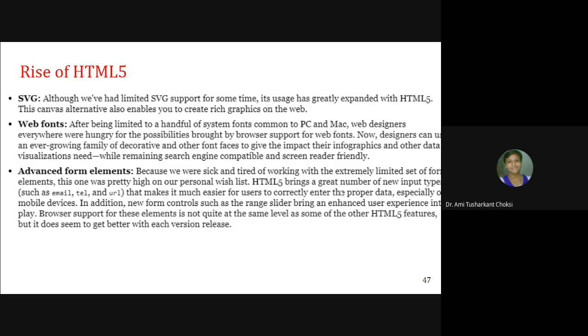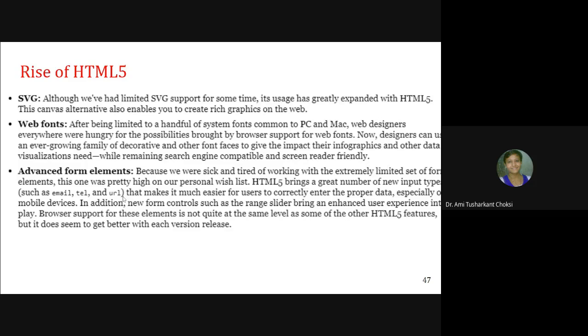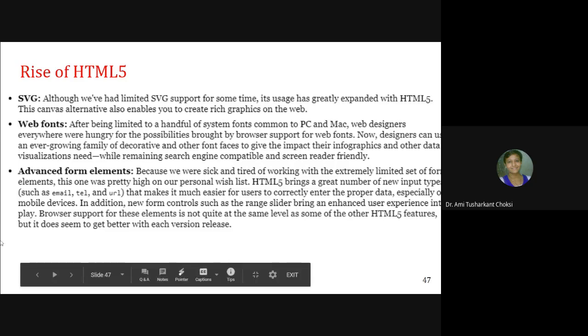HTML5 brings a great number of new input types such as email, telephone number, and URL, which make it much easier for users to correctly enter the proper data, especially on mobile devices. In addition, new form controls such as the range slider bring an enhanced user experience into play.